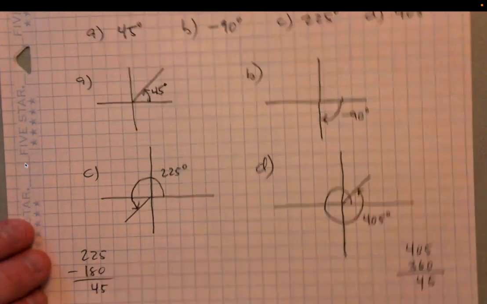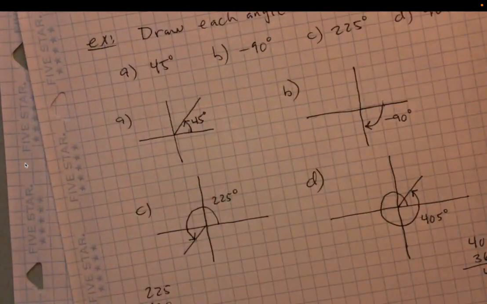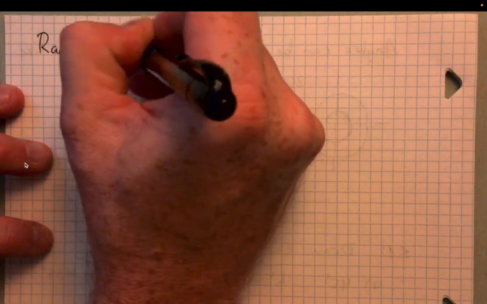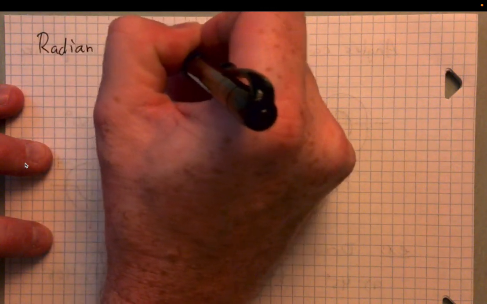So that's degrees. Let's move next to radians. Okay, so radians will be less familiar to people, I would assume. Radian measure.